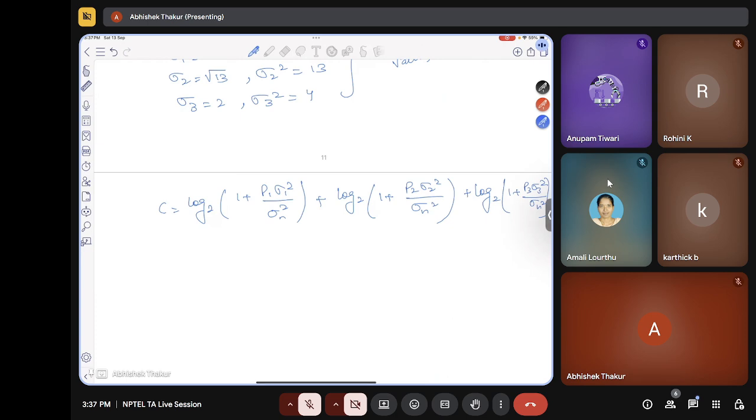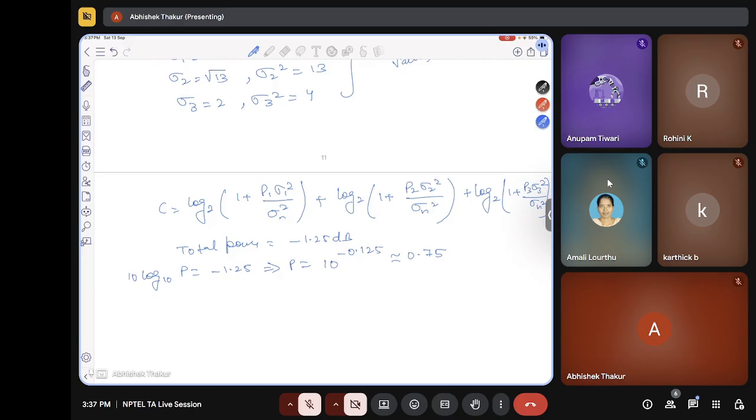We will use all the values, and the total power is given as minus 1.25 dB. So 10 log 10 P is equal to minus 1.25, which implies that P is equal to 10 to the power of minus 0.125. So this value will be equal to 0.75.